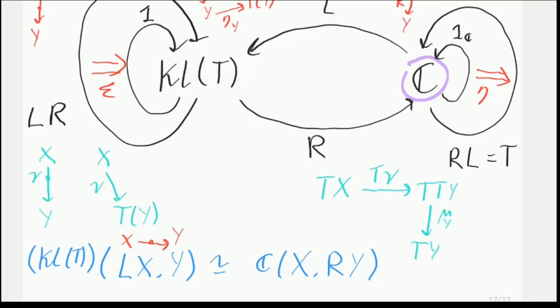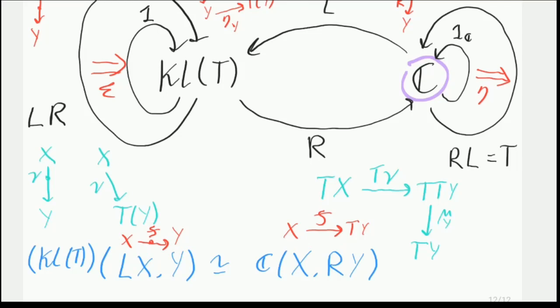So let's say f. And we want this to correspond to an arrow from X to R of Y. And we know the way that R works on objects. It sends this object Y to T of Y. So this is just going to correspond with an arrow from X to T of Y. And so how do we put Kleisli arrows from X to Y into correspondence with ordinary arrows from X to T of Y?